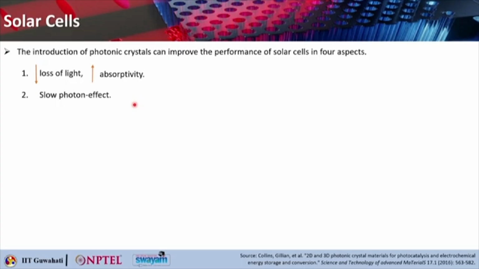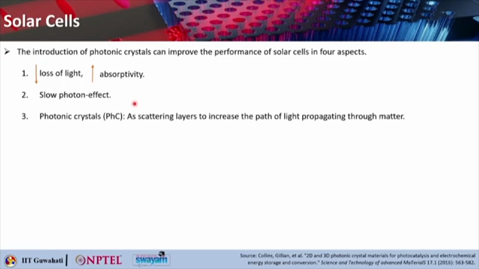This can improve the interaction between the photons and the sensitizers and enhance the excitation efficiency. Third, the photonic crystals can be used as scattering layers to increase the path of light propagating through matter. At the same time, resonance enhancement mode was formed in the absorption layer to improve the absorption efficiency.